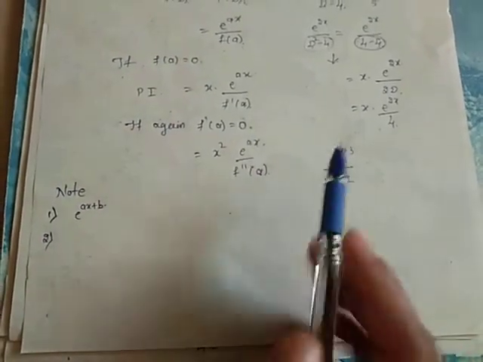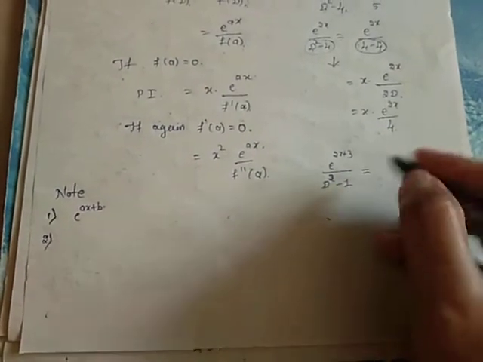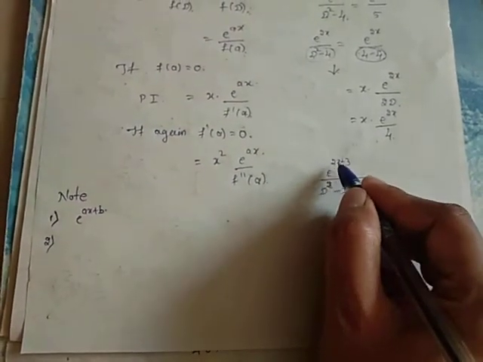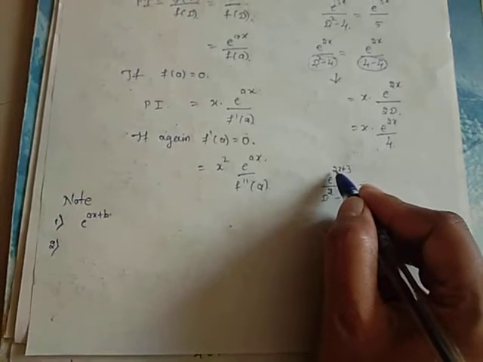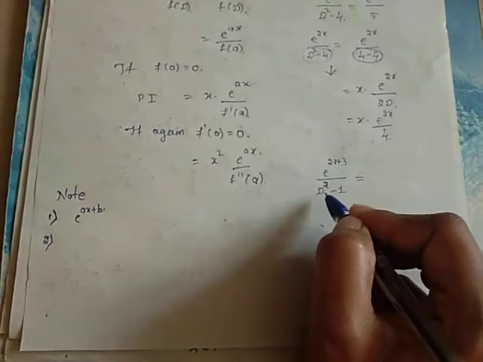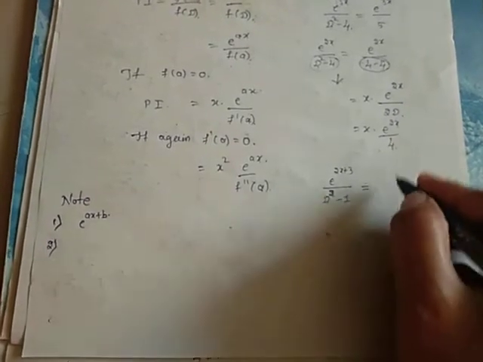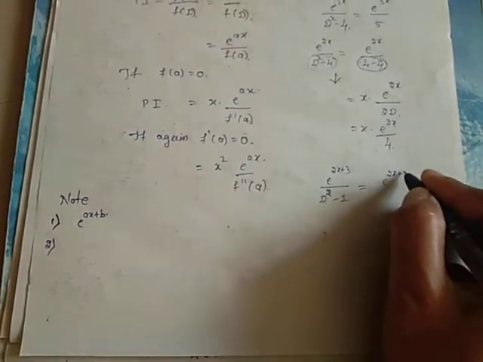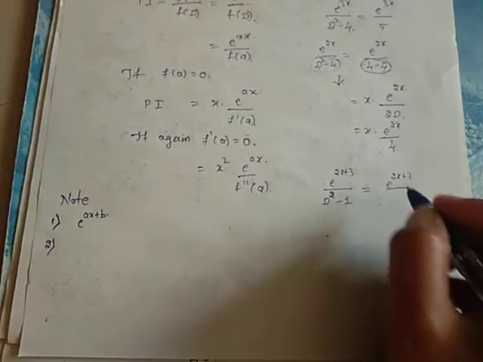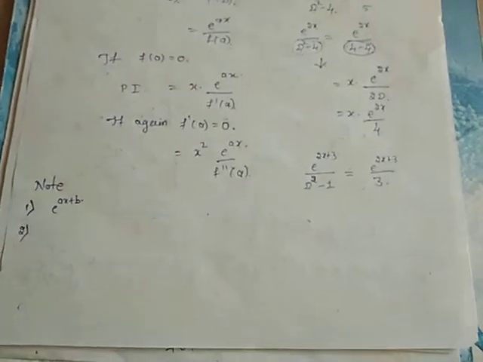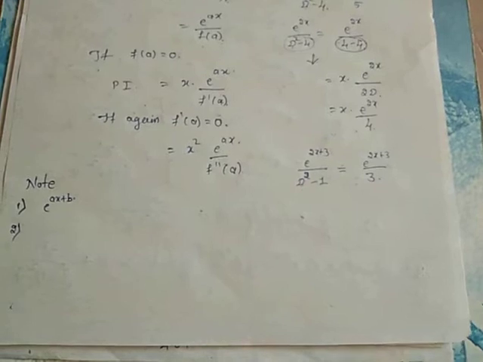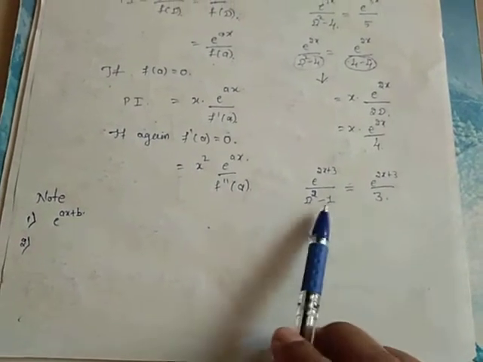In this procedure you compare the coefficient of x. Here the coefficient of x is 2, so replace D by 2. 2 square is 4, 4 minus 1 is 3. So e raised to 2x plus 3 divided by 3. You just replace D by a here also.